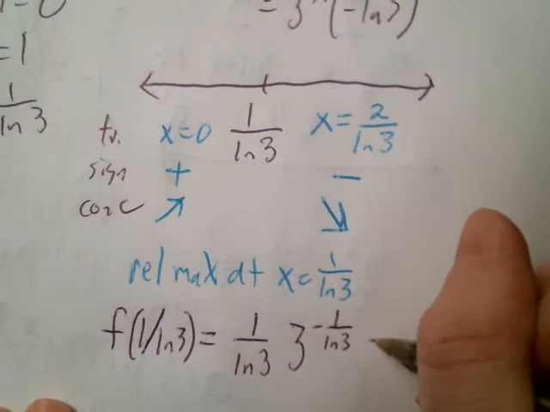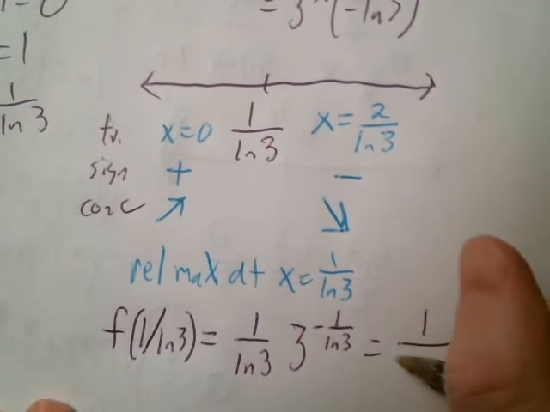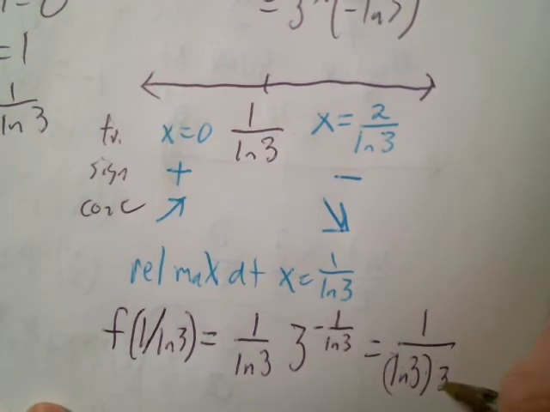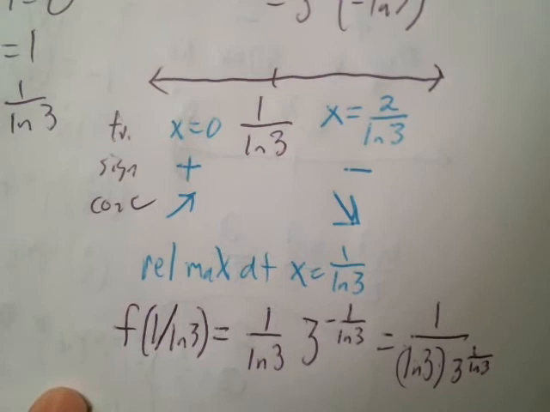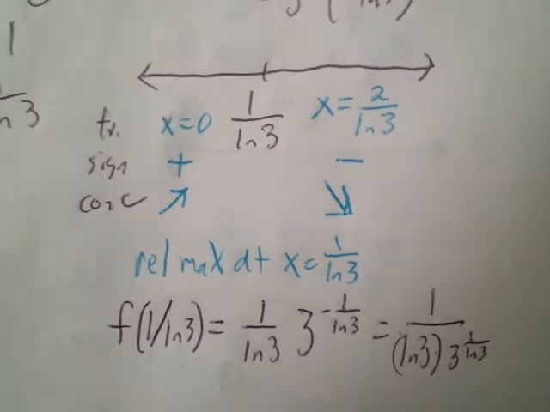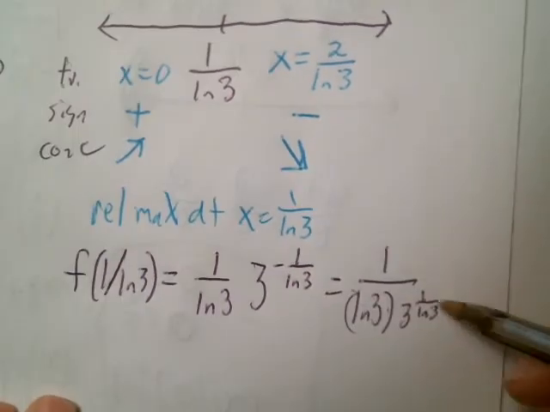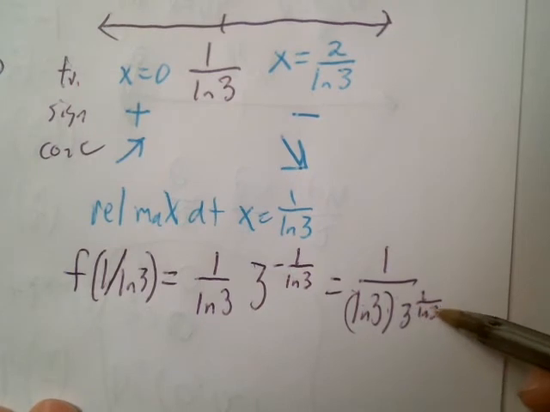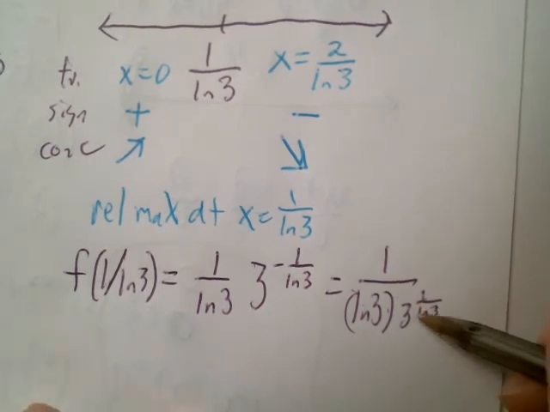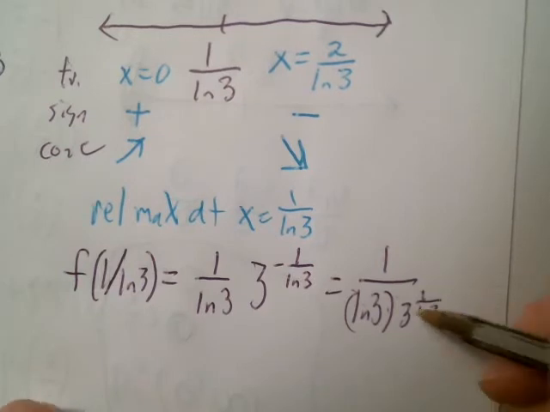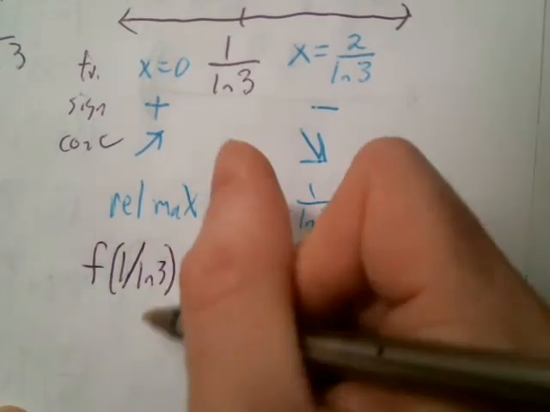You could rewrite this as 1 all over ln 3 times 3 to the 1 all over ln 3. I mean, then I'd probably put it in my calculator and just be done with it. So it's not like there's those nice exponential cancellation laws here, because that ln 3 is not really touching the, well, all right, so we can probably rewrite this.